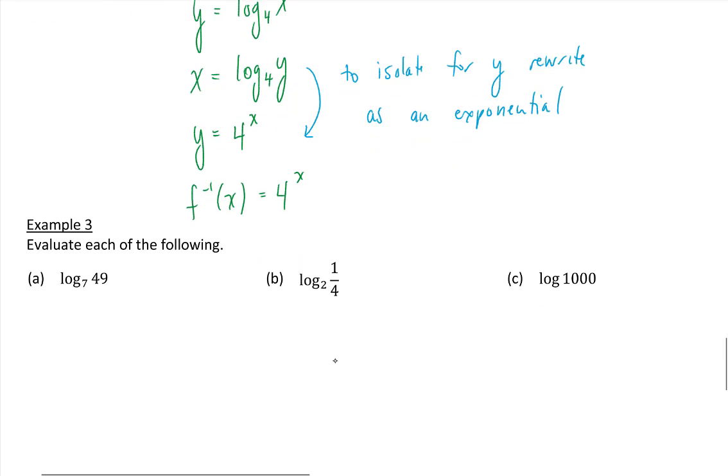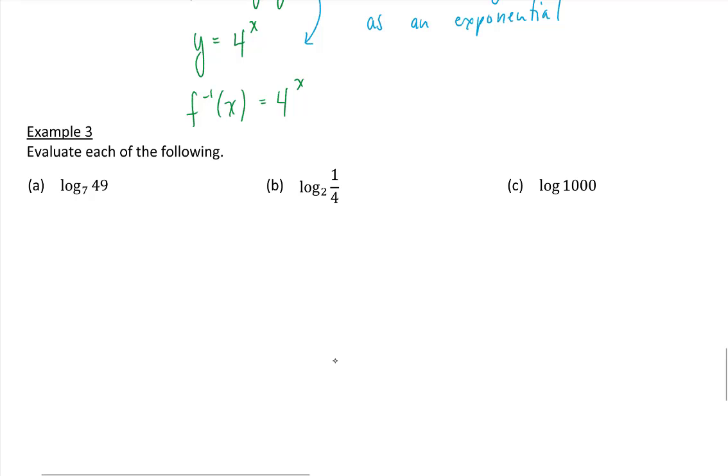So let's evaluate each of the following logarithms without a calculator. All you need to remember is that this number here is our base, and that this number here is the value of our power. So if I let this equal x, I can rewrite this expression.